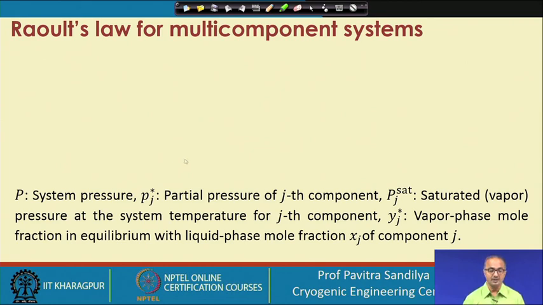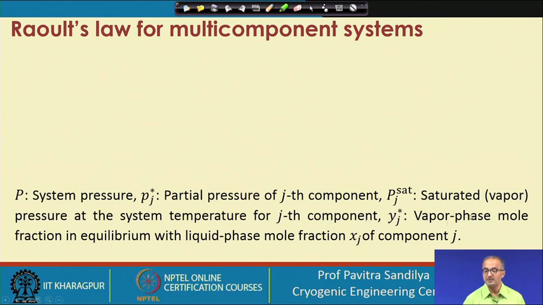Before we go for that, let us see the notations we are using here. We are taking P as the system pressure, and small Pj with a star superscript as the partial pressure of the jth component. The star signifies the equilibrium. Pj sat is the saturated vapor pressure at the system temperature for the jth component.